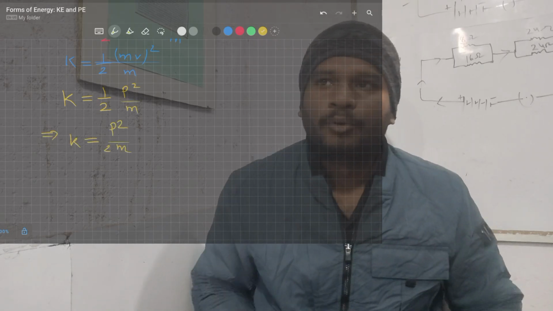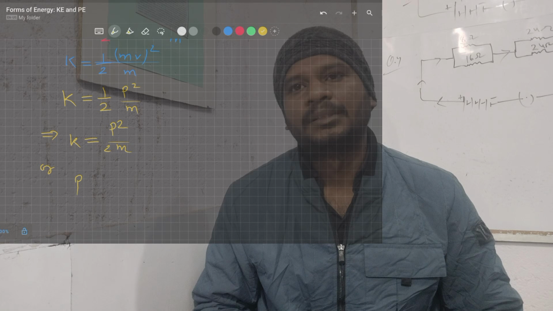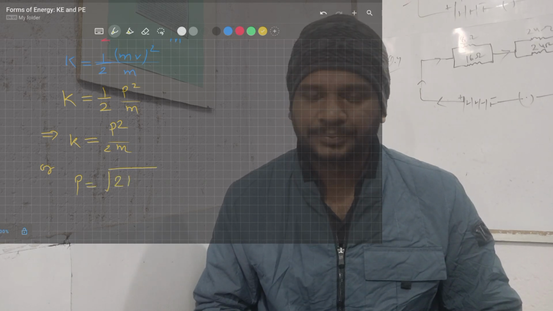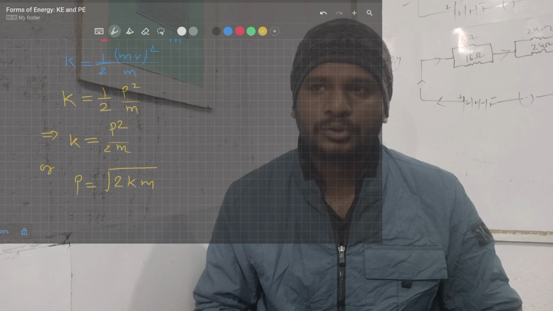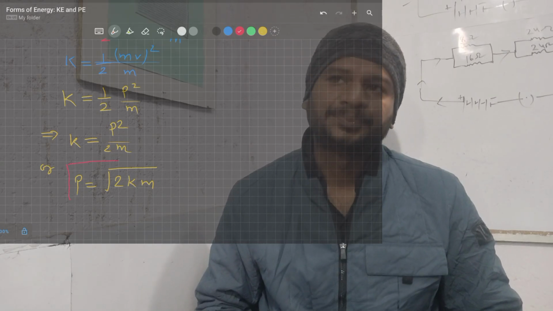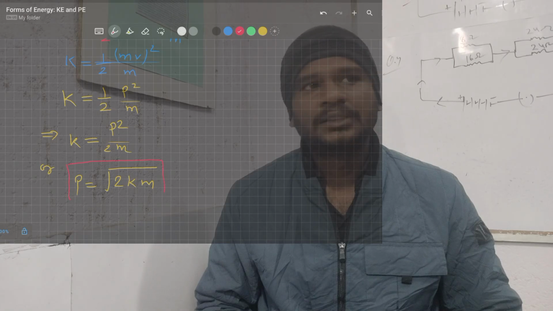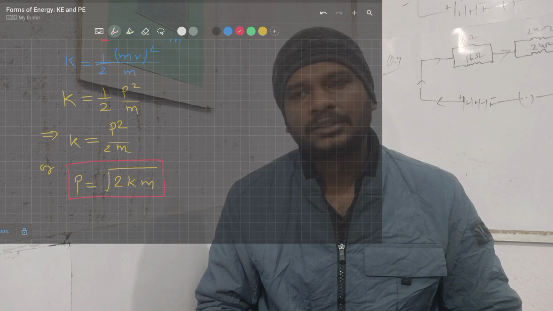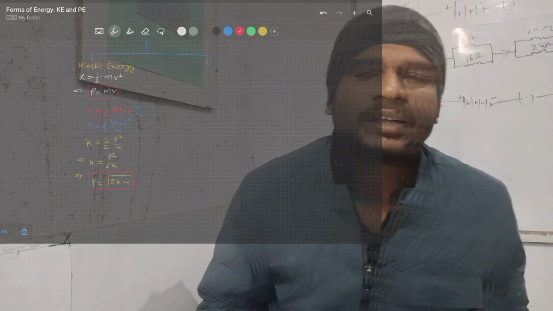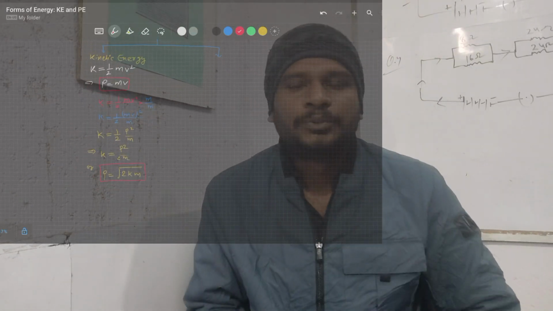So moving objects have the ability to do work. This is called kinetic energy. Let's go to the potential energy part. What is potential energy? Potential energy is a form of energy which is stored in some kind of configuration or due to position.